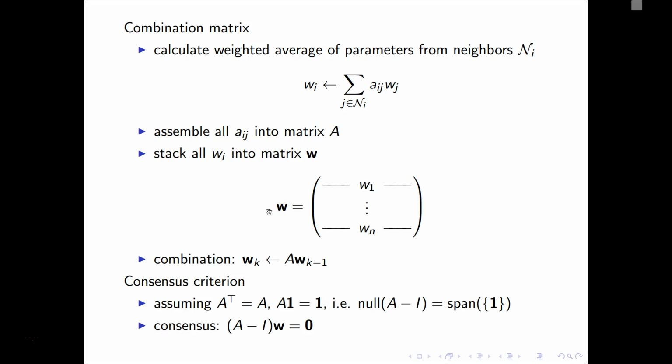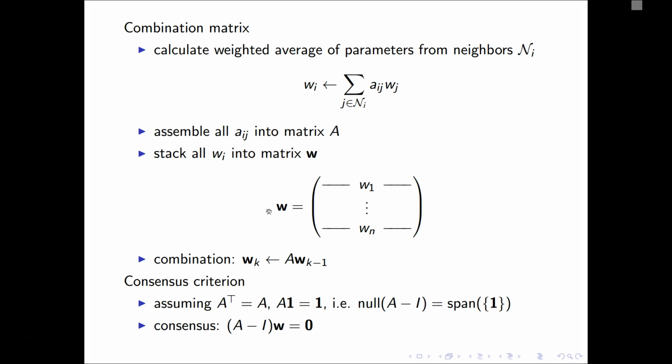Also, by using this combination matrix, we can state the consensus criterion easily. We assume that A is symmetric. This is usually for theoretical convenience. We can also design it to be non-symmetric, but that's not the issue. The important thing is A times 1 equals 1. That means the null space of A minus the identity matrix will be the span of 1.